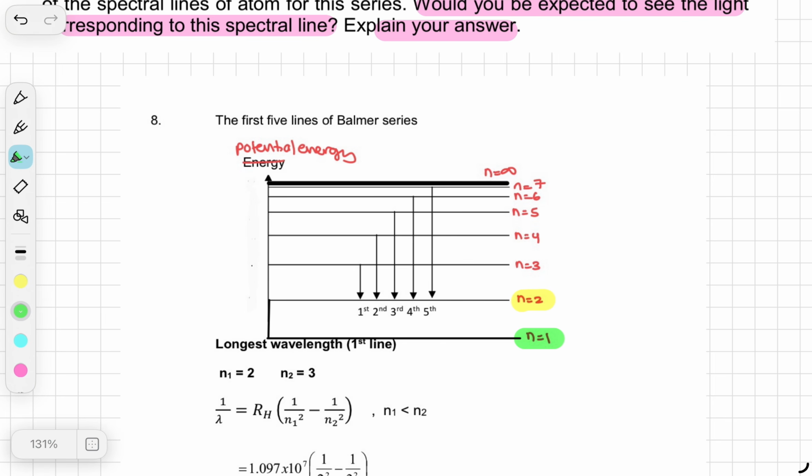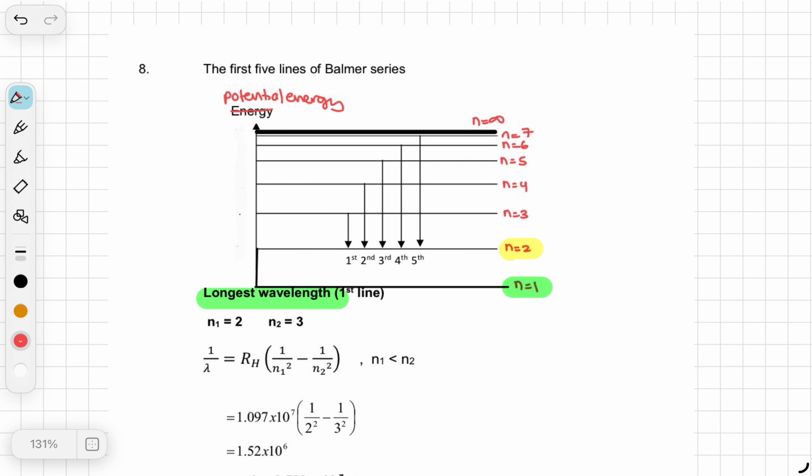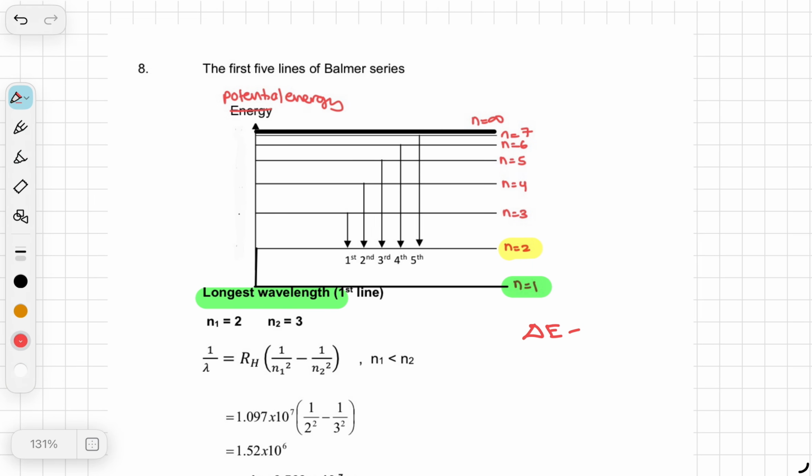Alright, next, the longest wavelength. Now, I told you in class, for the longest wavelength, try to relate it back to energy. Energy, as we know, is inversely proportional to wavelength. So if you want the longest wavelength, you must seek the transition that has the lowest energy, and that would be the first line, or the first transition.